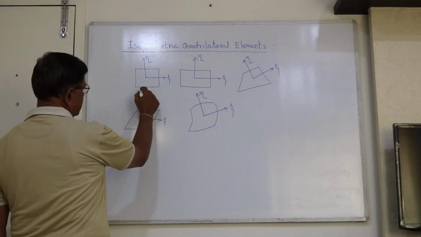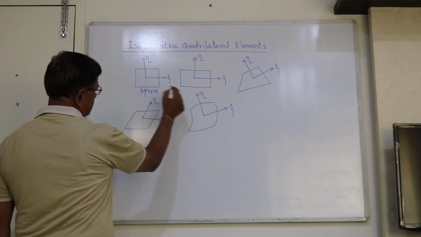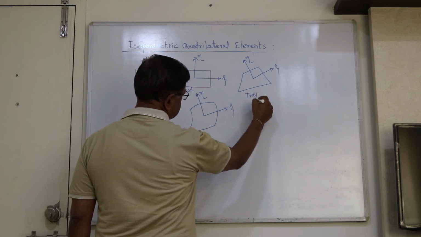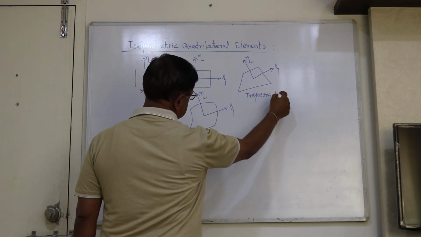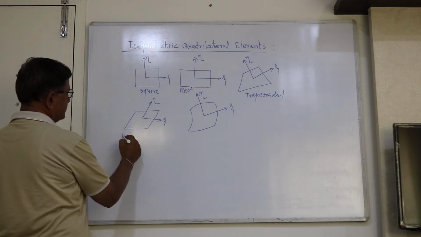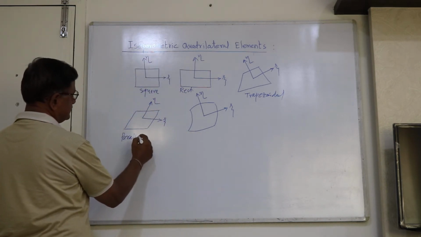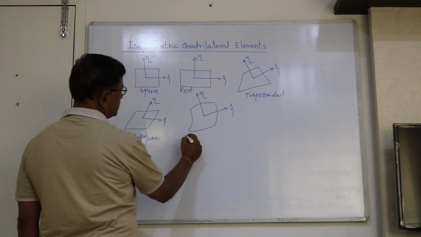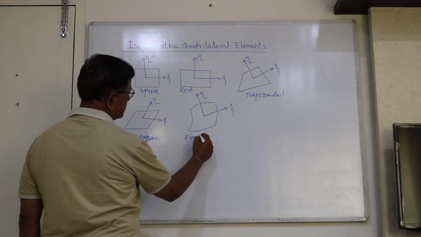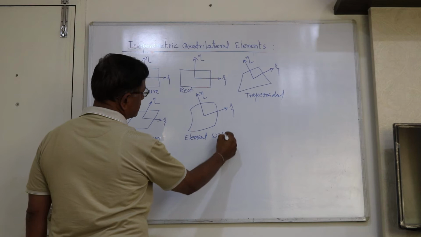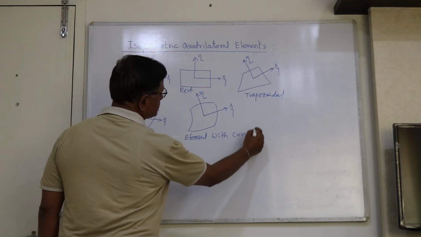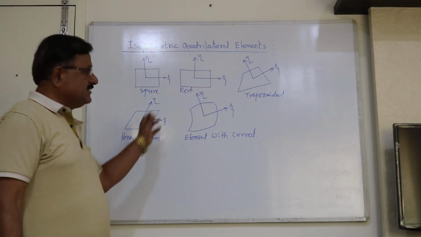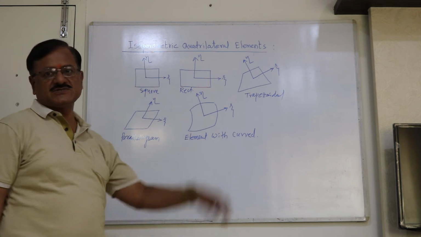So this is a square element, this is rectangular, this is trapezoidal, then the parallelogram type, and this is the element with curved boundaries.